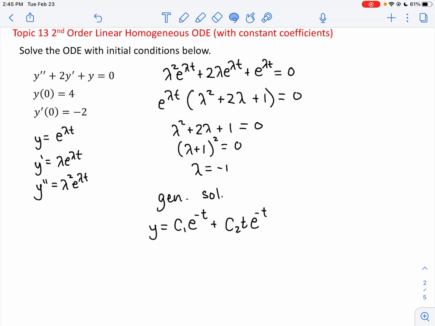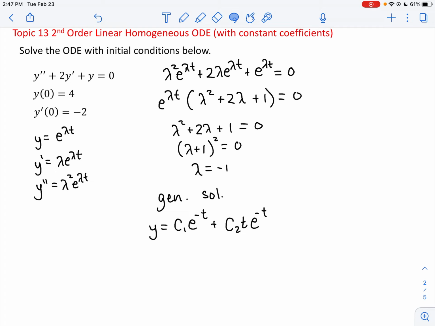I leave it to you to verify that. Let t times e to the negative t be your y, and see if this winds up satisfying the differential equation. You can show that it is a solution, and it's also linearly independent from the first, therefore combining them with constants in front forms the general solution.